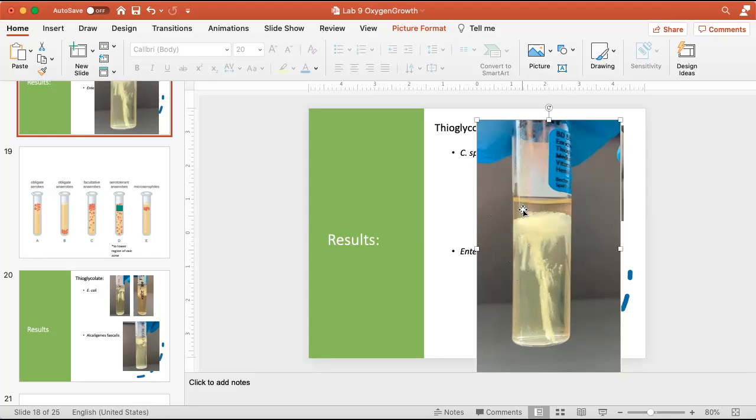You'll notice they're not all the way up to the very top, are they? There's part of the oxic zone here that there's nothing growing in. So we have a preference right around here, but we have the ability to grow all the way down.